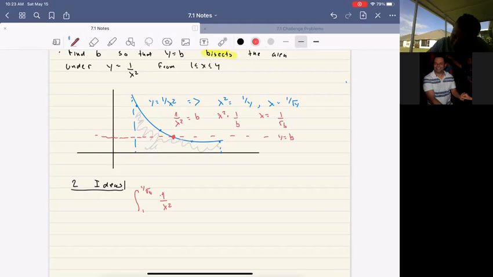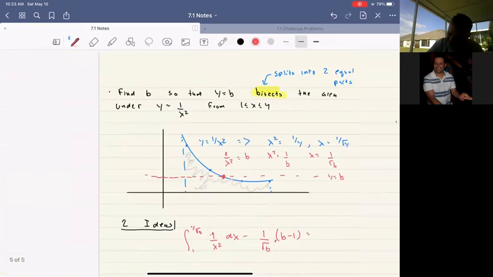That's not quite it, though, because we also have this part, minus, that's a rectangle, one over root b times b minus 1 equals our 3/8.